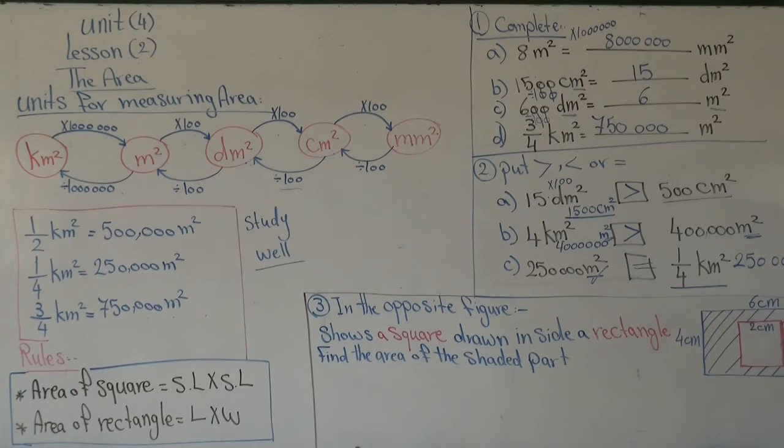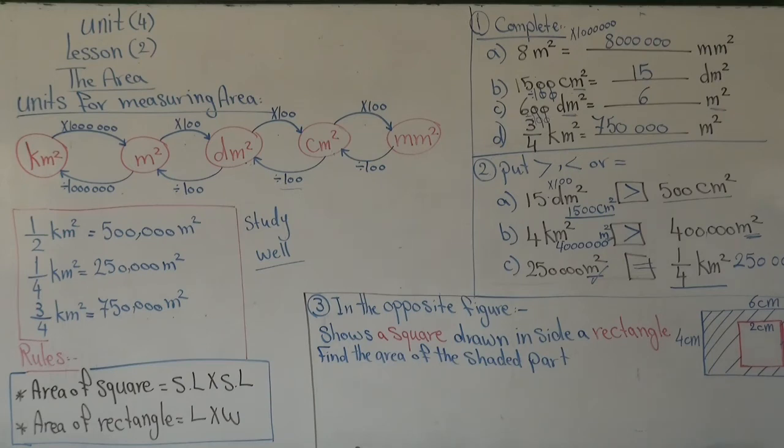Okay, how do we find the area of the shaded part? We will solve this question in 3 steps. Number 1, get the area of the big shape, the rectangle. The second step, get the area of the square. The third step, to get the area of the shaded part, make minus.